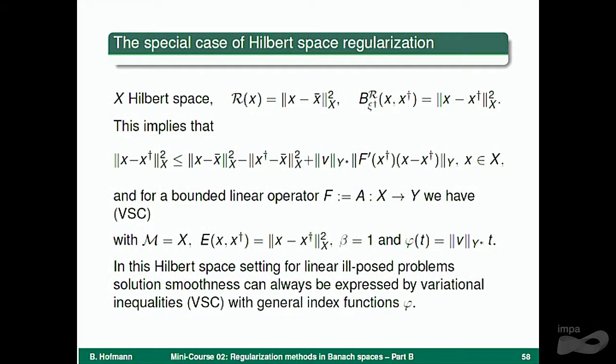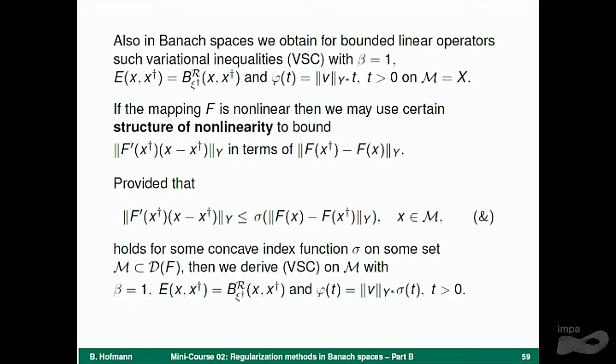Now, benchmark source condition, best possible rate, square root of delta for the norm, nothing but. What happens in other cases? For example, the structure of nonlinearity is important. If you have such a form, which I discussed a little bit on Tuesday, and here is again an index function and strongly concave index function, let's say tau to the power very small greater than 0.